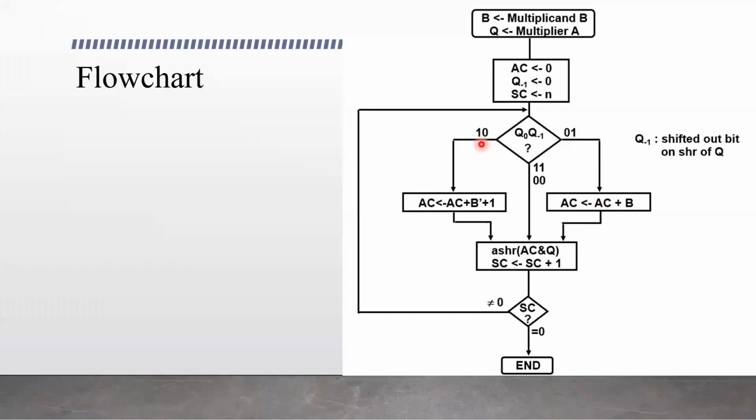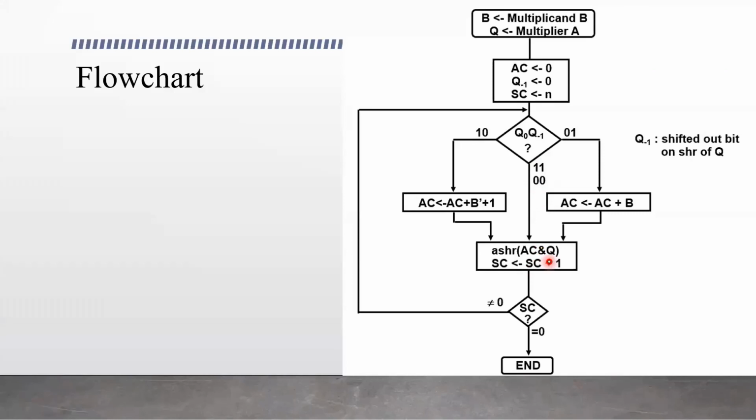When it is changing from 0 to 1, upon encountering 1, we subtract, so it is AC plus the 2's complement of B. And the other 2 cases, 1, 1 and 0, 0, mean the bits are identical, there is no change in the bits. In these 2 cases, we will not add or subtract, we will directly shift.